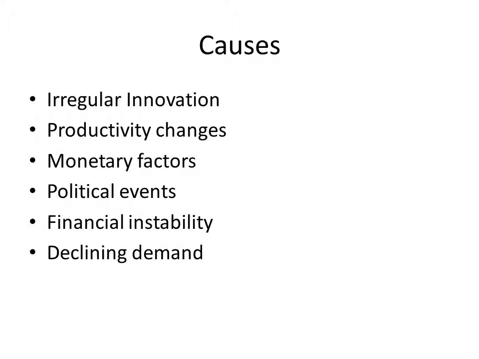So their point is that monetary factors always play a big part in business cycles. To some extent, that's true, although they may play a bigger role in getting us into recessions than getting us out. Political events can have impacts too.